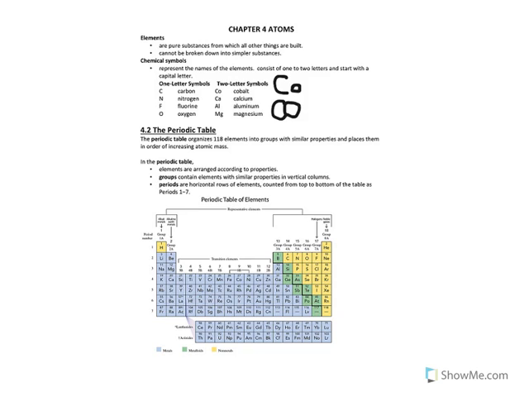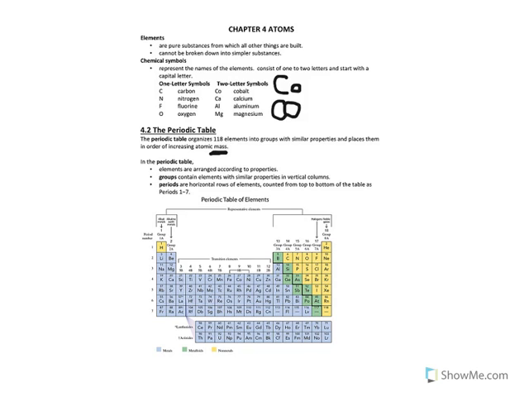The periodic table organizes the 118 elements that are currently known to us into groups with similar properties, and it places them in order of increasing atomic mass. Mass, remember, a unit of weight, right? So as they get bigger, you go across the periodic table.